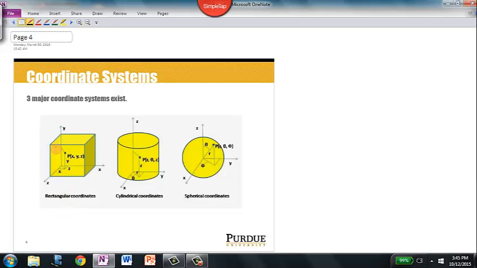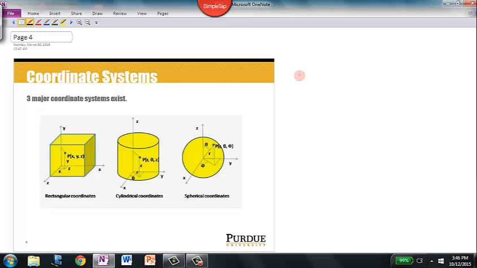Just to be formal about it, the Cartesian system divides 3-dimensional space into 3 mutually orthogonal axes. We've got the x-axis, the y-axis, and the z-axis. The location of any point in space is then defined in terms of its distance away from each of the axes, typically listed in order of x, y, and then z.